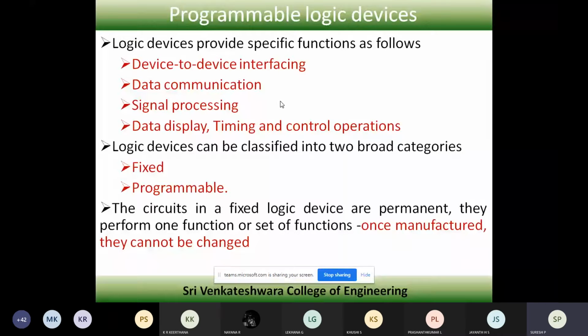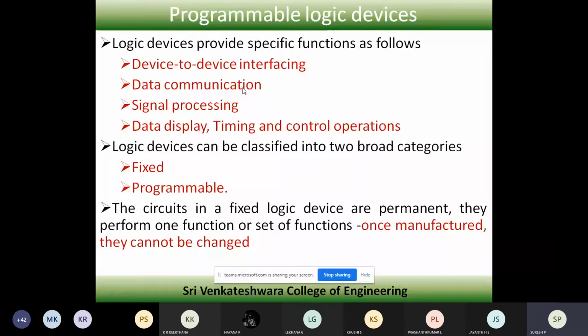Now, if you take the programmable logic devices, what are they going to provide? They provide specific functions as follows. Where are they used? Basically in device to device interfacing, data communication, signal processing, and data display, timing and control operations.